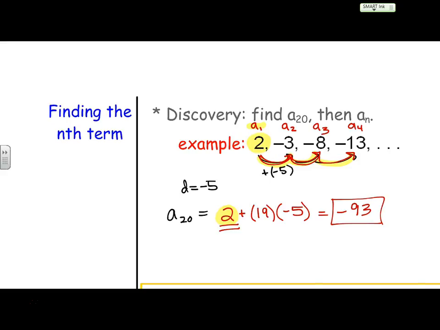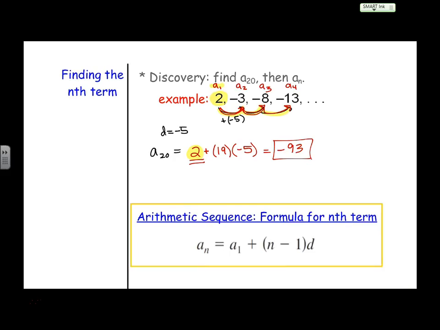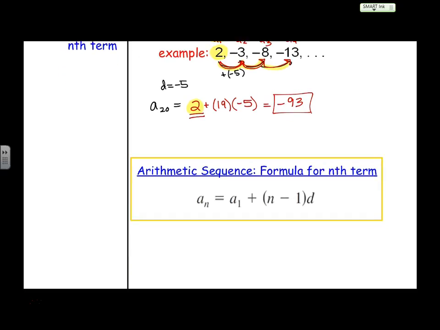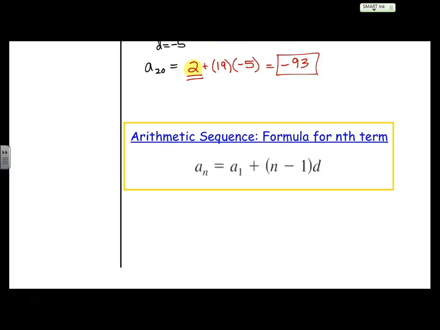Now, guys, does that then make sense with the formula that we now have below? For any arithmetic sequence, any sequence with a d, a common difference, couldn't we just say to get to any nth term, we start at the first and do n minus 1 jumps times the difference? Or n minus 1 jumps of the difference?